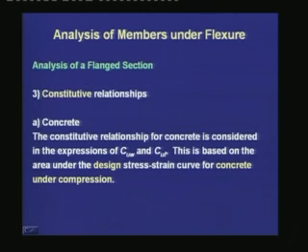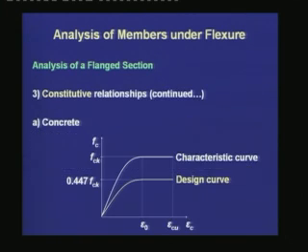And finally, we are moving on to the constitutive relationships. For concrete, the constitutive relationship is considered in the expressions of CUW and CUF. This is based on the area under the design stress strain curve for concrete under compression.